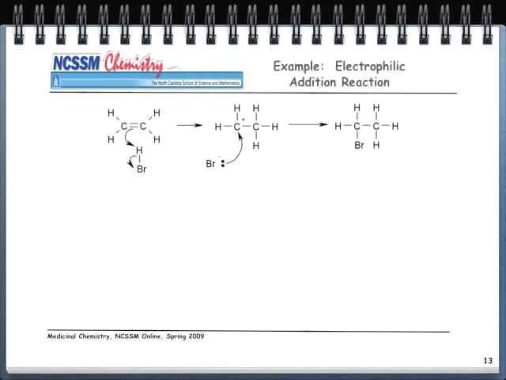And what happens is we lose one of the double bonds. It goes over to the hydrogen, and that releases the bromine, and the bromine now becomes an ion with a lone pair. And notice what's happened in the middle compound to one of the carbons. It now has a plus sign on it, and that is called a carbonium ion.